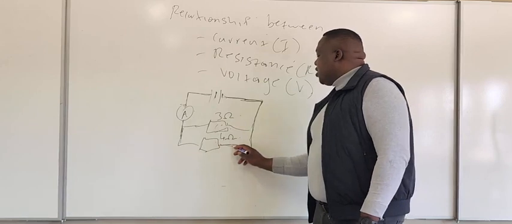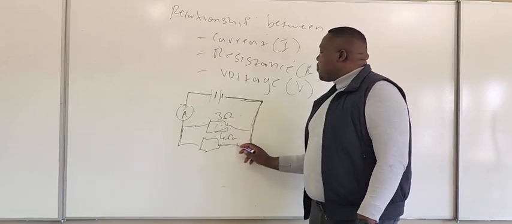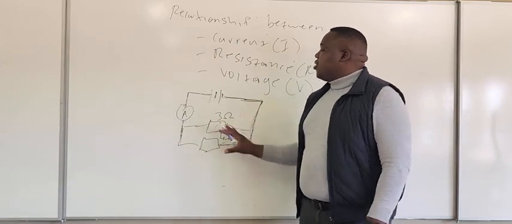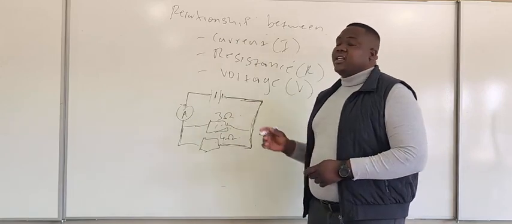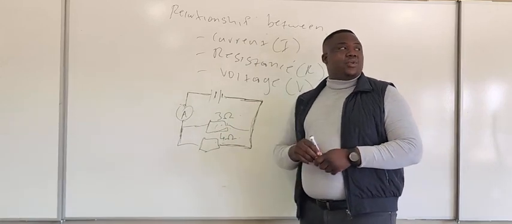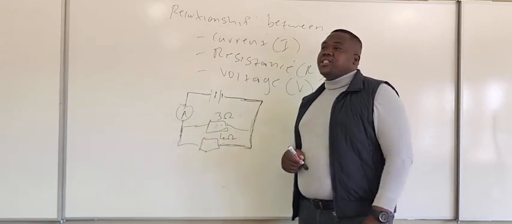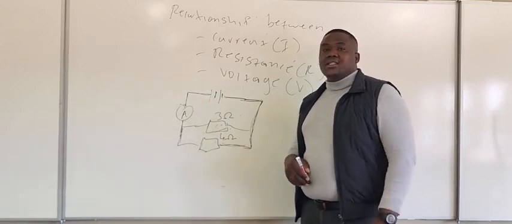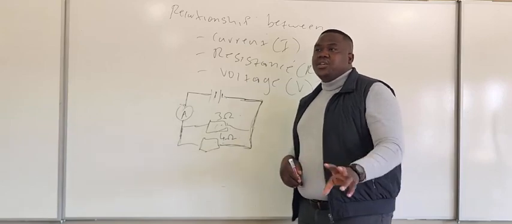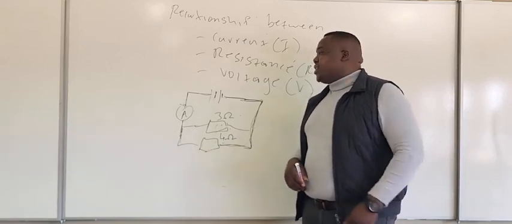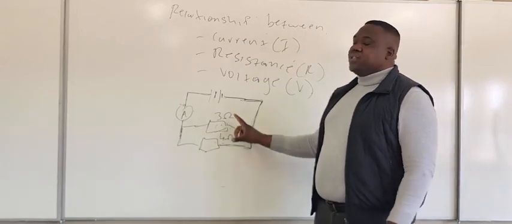This is an electrical cord at home. These are wires, and everything we call an electric circuit. The connection of your refrigerator at home is an electric circuit, and the connection of your TV when you plug it in is an electric circuit. So that can be reduced into something like this.